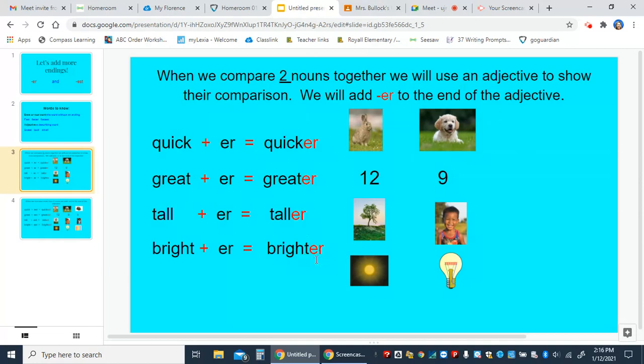We added our ending ER, and we have the new word brighter. The sun is brighter than the light bulb. Now I used ER at the end because I only compared two things, the sun and the light bulb. So ER helps us compare two nouns.